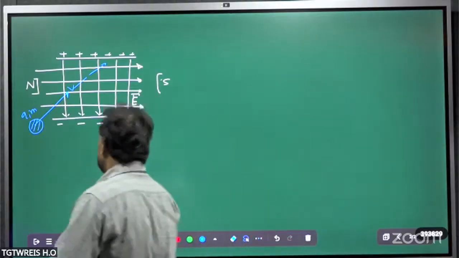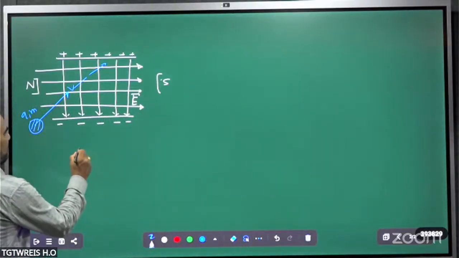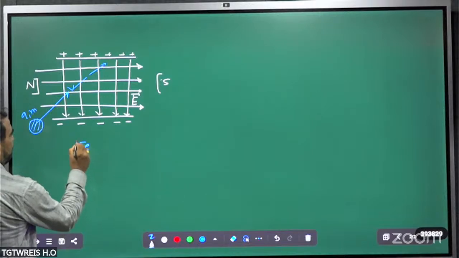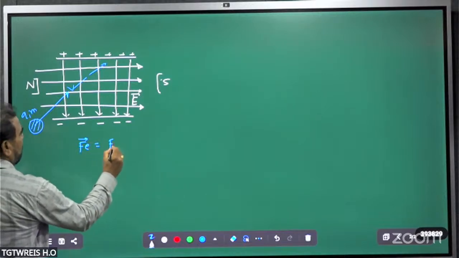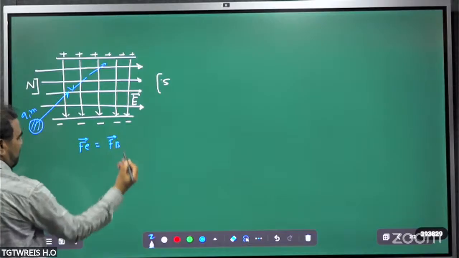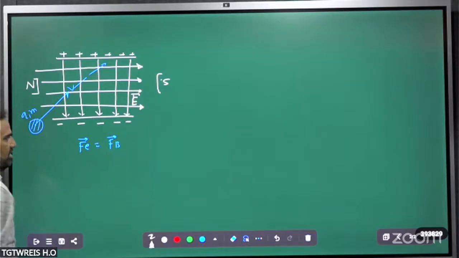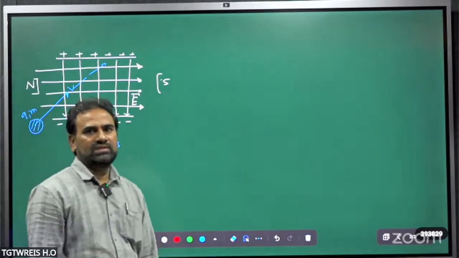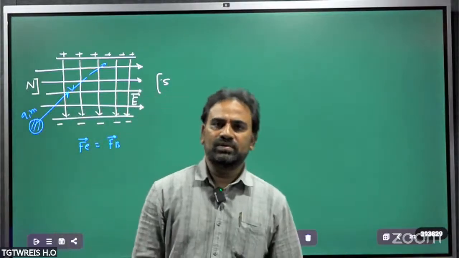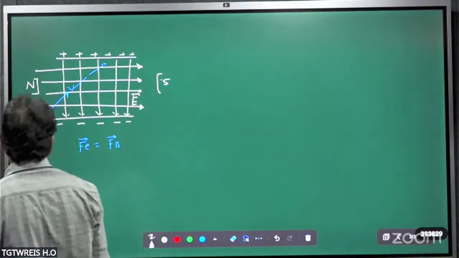So in this case, the magnitude of the electric force Fe is equal to the magnitude of the magnetic force. What is the magnitude of the electric force?